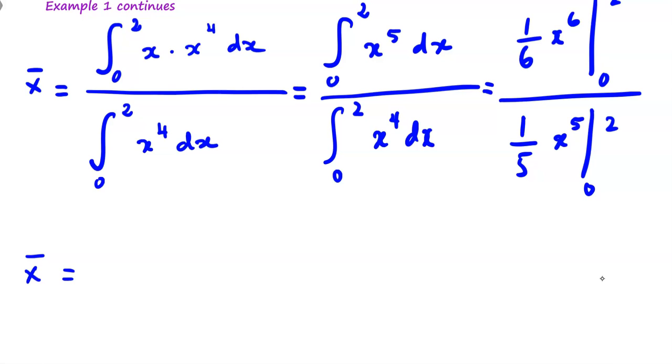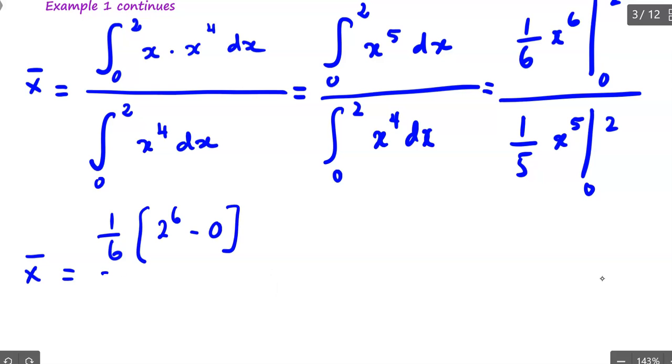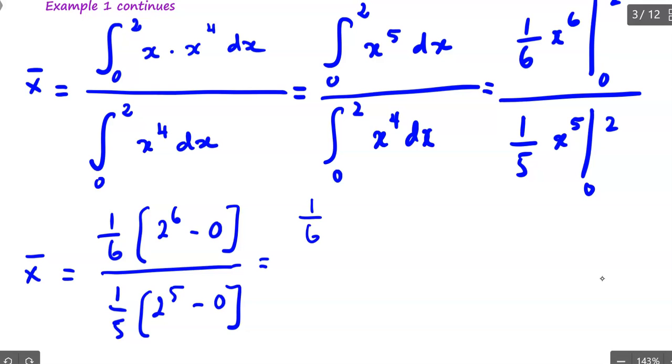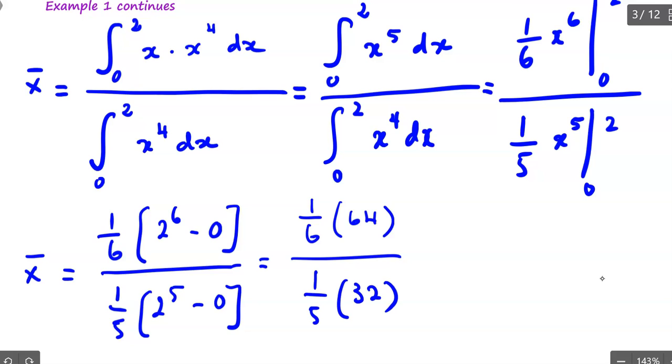So to be clear, I will put 1 over 6, 2 to the 6 minus 0. I should have 1 over 5, 2 to the 5 minus 0, okay, and I will have 1 over 6 times 64, and I should have 1 over 5 times 32.